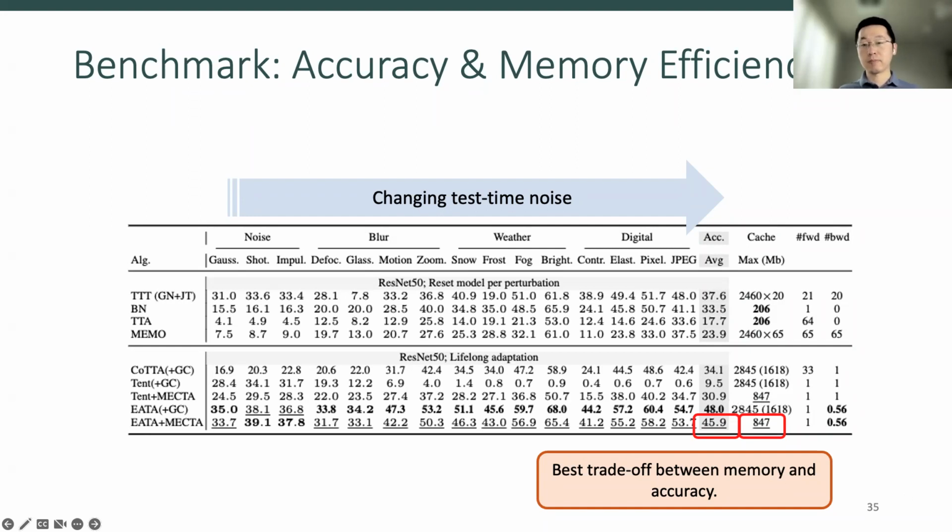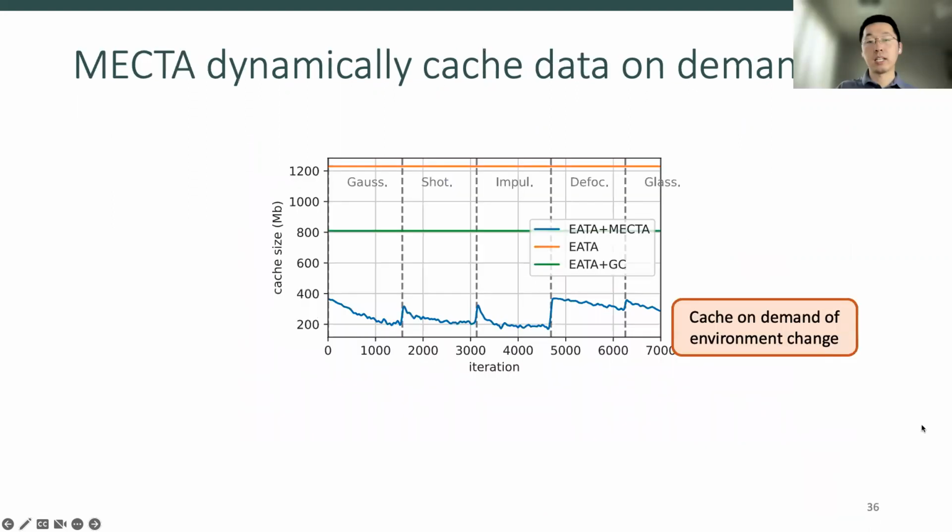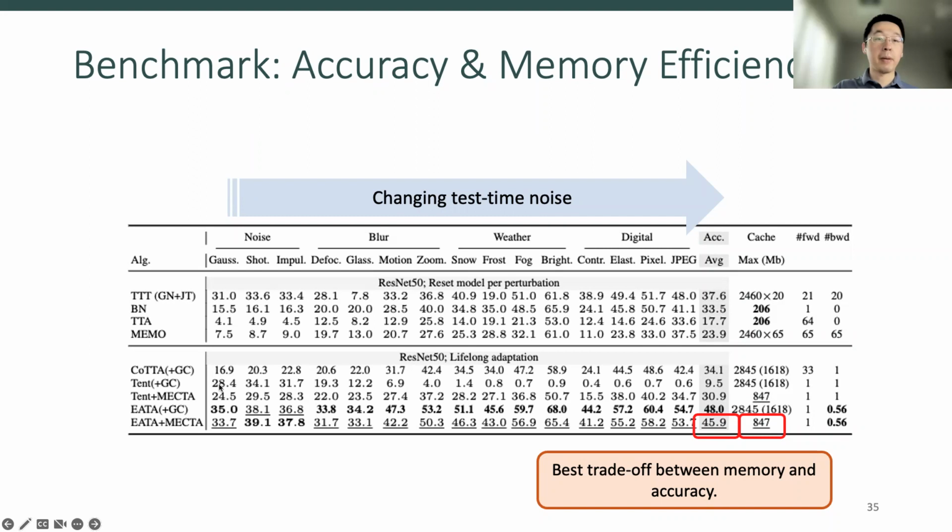One more question I had is that recently there is a CVPR paper called EcoTTA. Have you come across it? No, we did not compare with this algorithm. There is a paper called EcoTTA in CVPR 2023. Oh, I don't know that one. Could you send it to me? I think that came after this work. Yeah, but that is also trying to reduce the memory.